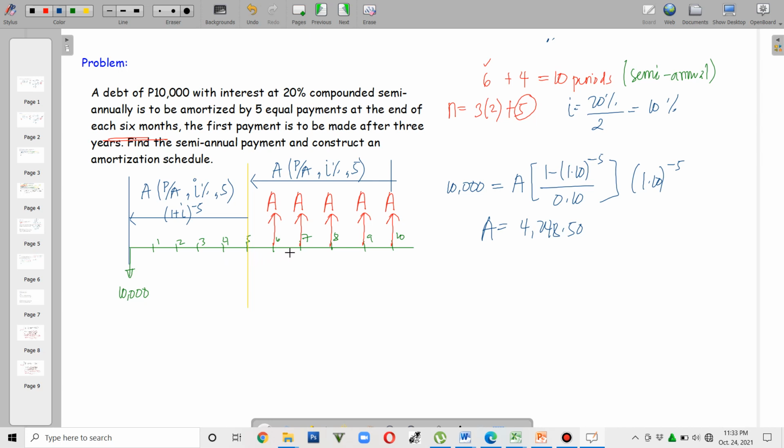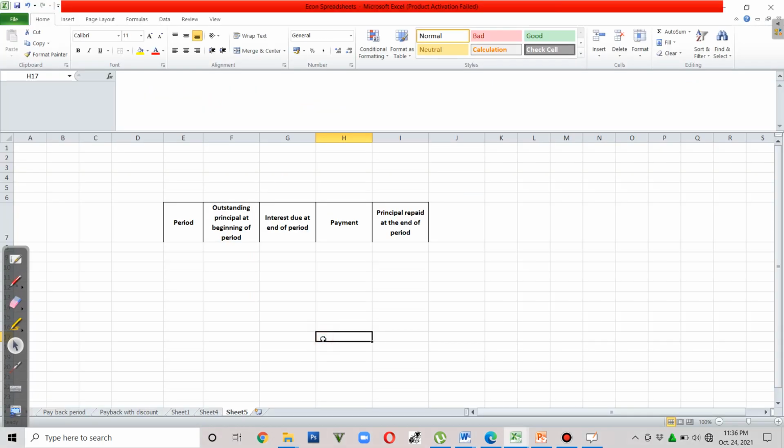Okay, so this time we are going to have now our amortization schedule. So here we're going to utilize the same matrix for the amortization schedule. So we have 10 periods.